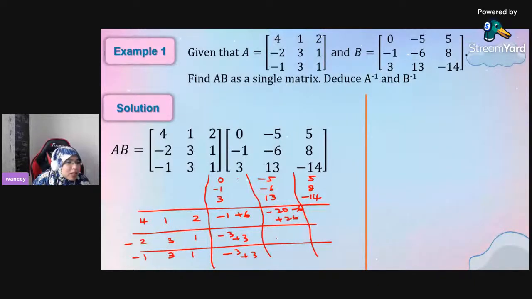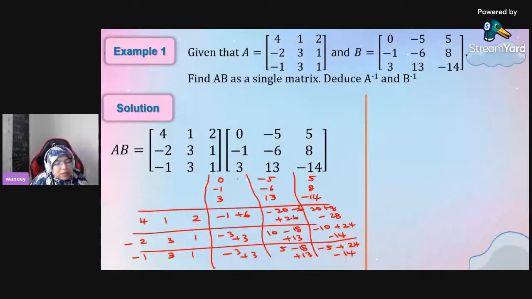And then this one is 10 minus 18 and then plus with 30. And then this one over here is 5 minus 18 and then plus with 13. This one over here, 20 plus 8 minus 28. And then we have -10 plus 24 minus 14. And then the last one over here is -5 plus with 24 minus with 14.